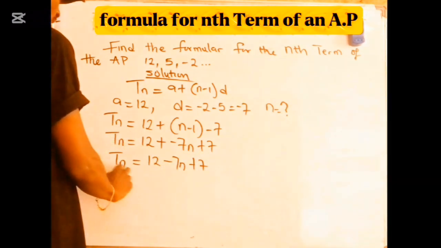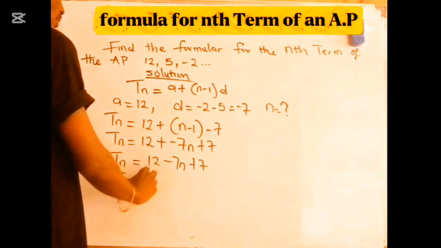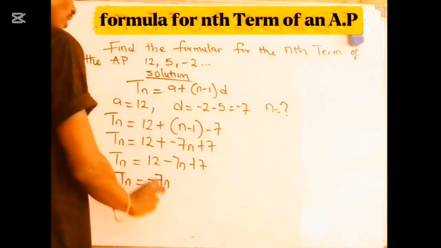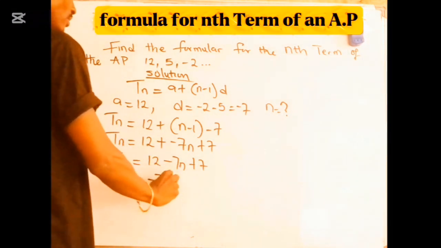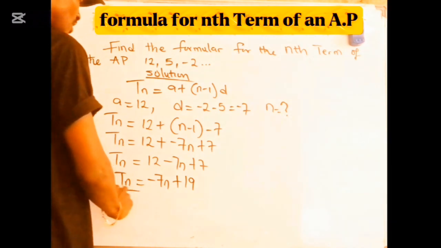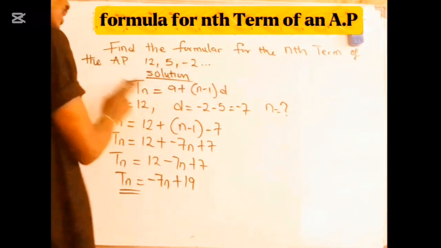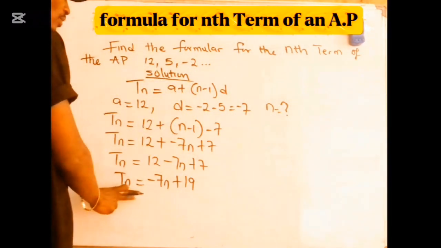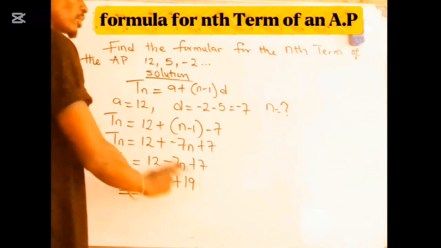That is the same thing as Tn equal to negative 7n, 12 plus 7, which is positive 19. So this is the formula for the nth term of this AP, which is minus 7n plus 19.